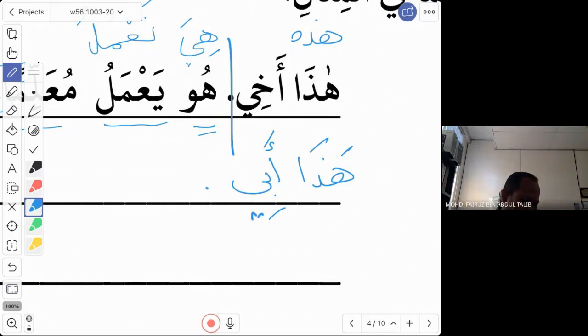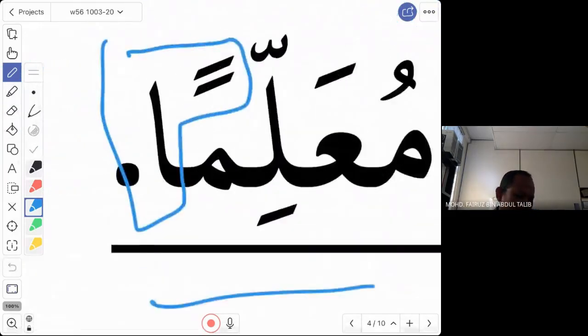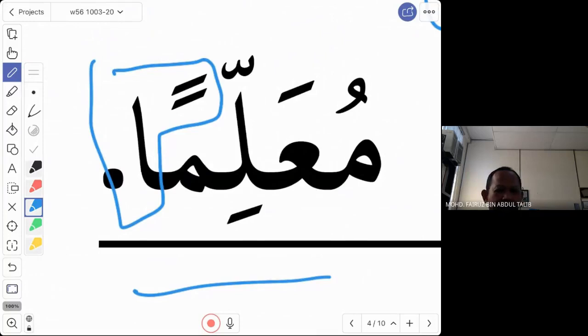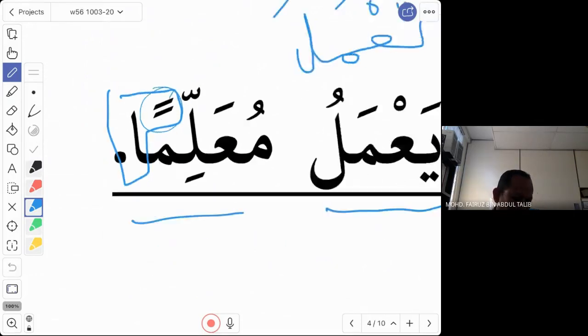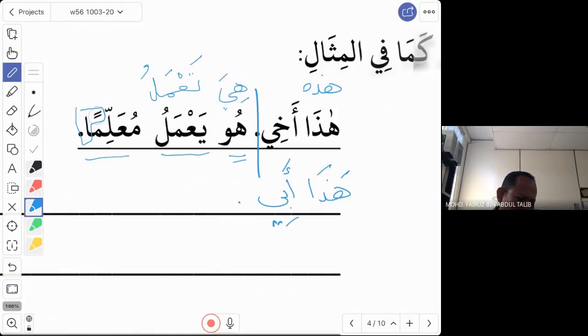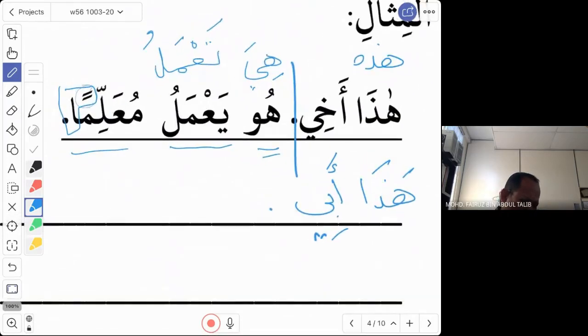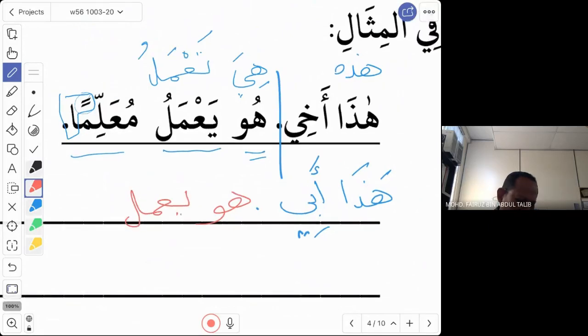For example, the word mu'alliman just now. Okay, mu'allim. You need to put this, because this is related to the grammar function that is particular for that particular sentence. Yes, haza abi, and then we say huwa. Huwa ya'malu, so the same phrase.